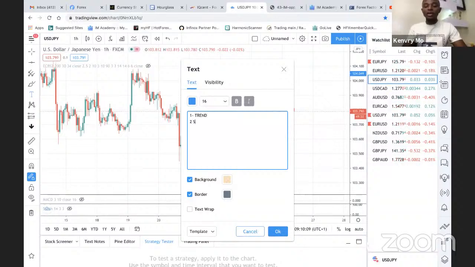Number two is support and resistance. Then the third thing is price action, PA.